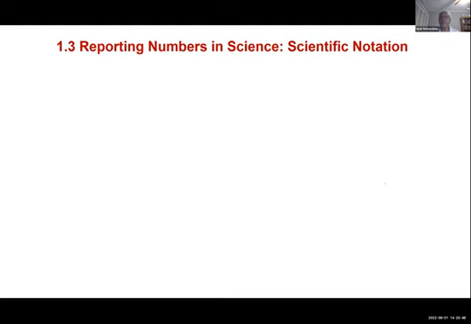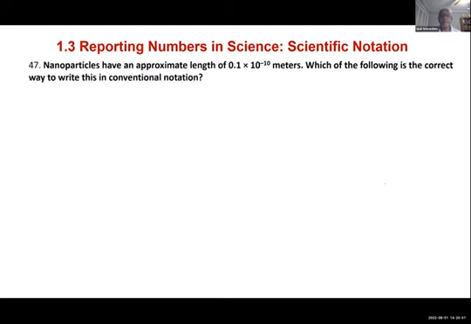Reporting numbers in scientific notation. For this number, meters of length, conventional notation. You see that this has to be moved to 1.0 times 10 to the something. Then you move to the left, then you move to the right.